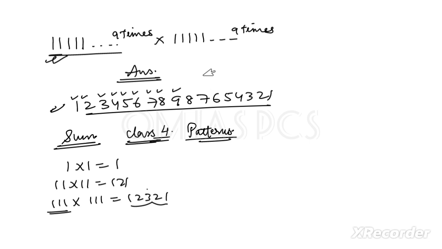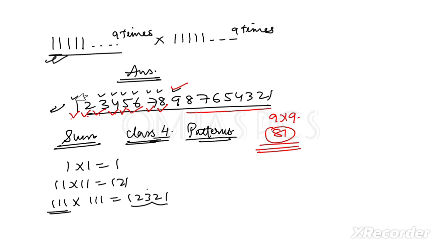One more method: if you don't know AP, 1 plus 8 is 9, 2 plus 7 is 9, 3 plus 6 is 9, 4 plus 5 is 9. So there are four 9s, plus this 9, total five 9s. Wait, the sum: 4 plus 4 is 8, plus 1 is 9 nines, so 9 multiplied by 9 is 81. So 81 was our answer.